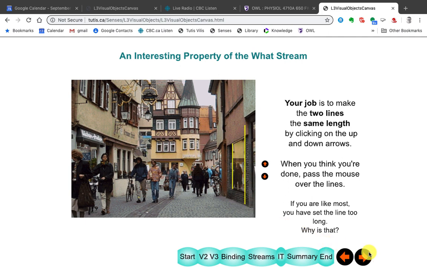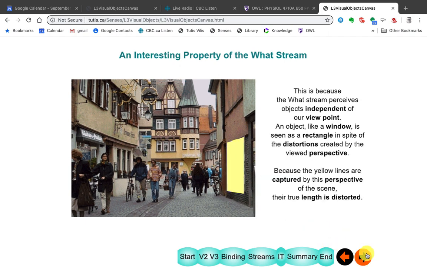Why? Because that object is a rectangle. It's a window, and you know that windows have the same length in front and behind.